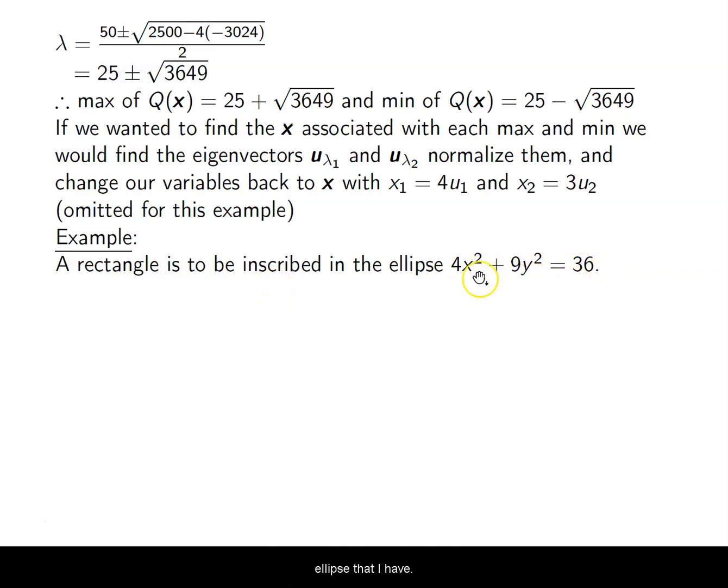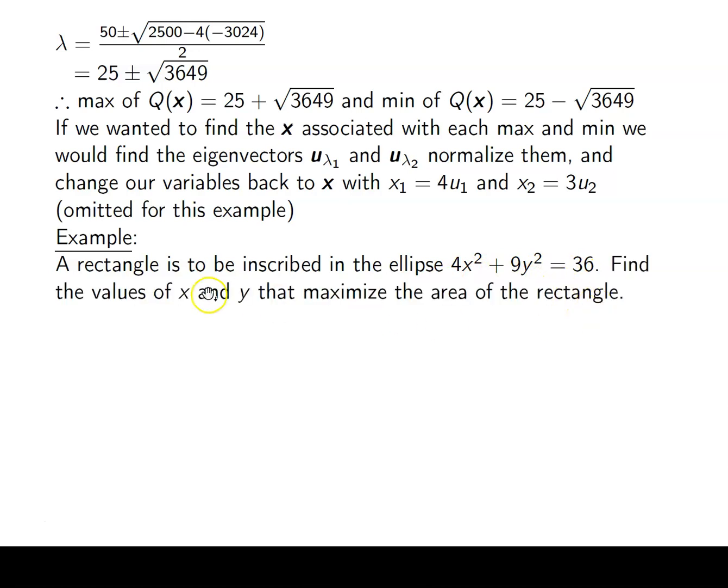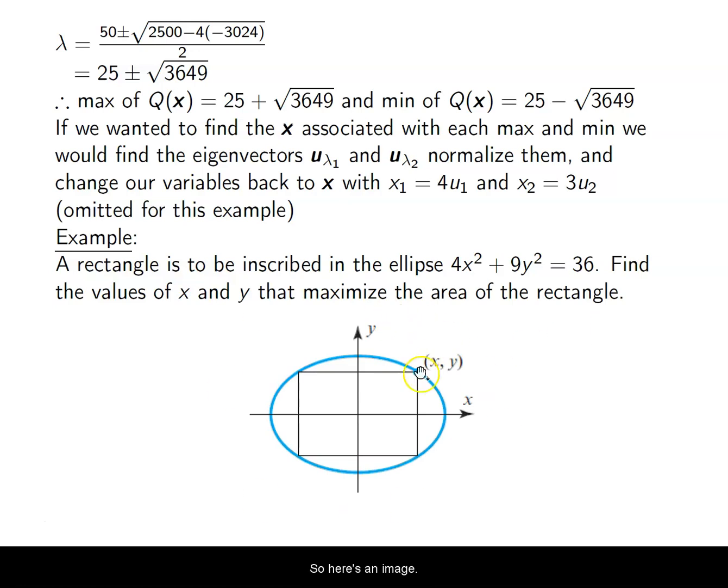This is the ellipse that I have, okay? I want to find the values of x and y that are going to maximize the area of my rectangle. I want my rectangle to have the largest area possible, okay? So here's an image of an ellipse with an inscribed rectangle. I have a formula for my ellipse, okay?